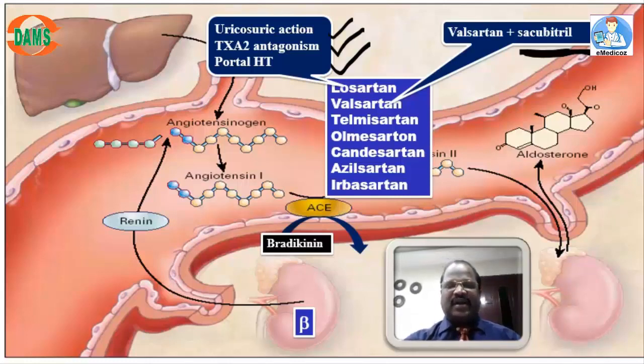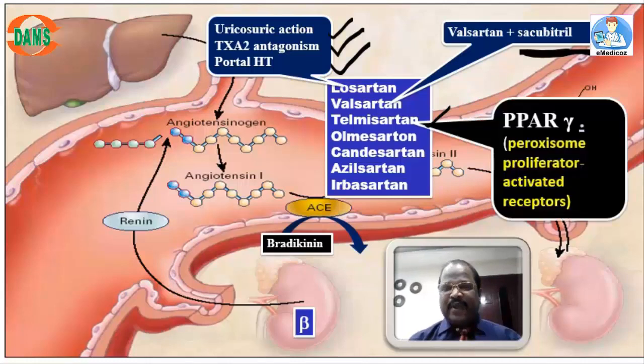Now the third drug, telmisartan, a very interesting drug. Telmisartan is the ARB having PPAR gamma agonistic action. PPAR means peroxisome proliferator-activated receptor gamma. PPAR gamma is involved in glucose metabolism.